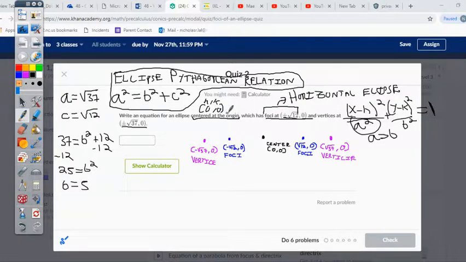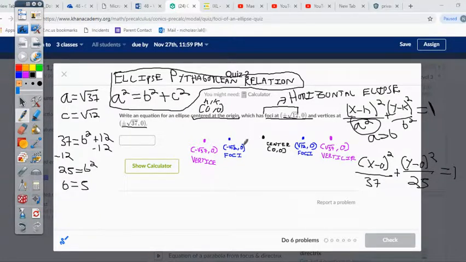So H, K is at 0, 0. Sorry, you got interrupted there. But H, K is at 0, 0. And so getting our standard form, we'll have x minus 0 squared over a squared, and a squared is 37, plus y minus k, k is 0, squared over b squared, which is 25, and that's all equal to 1.